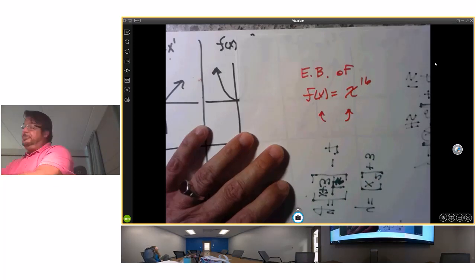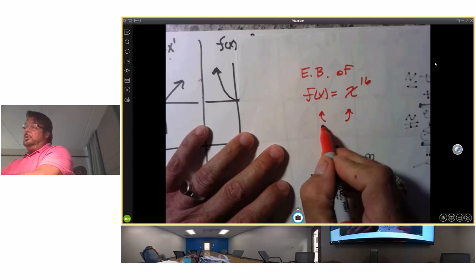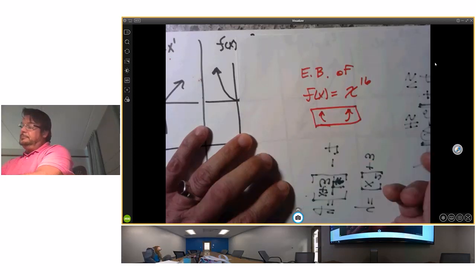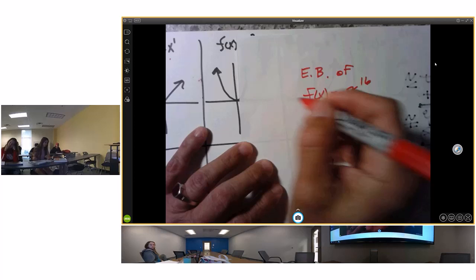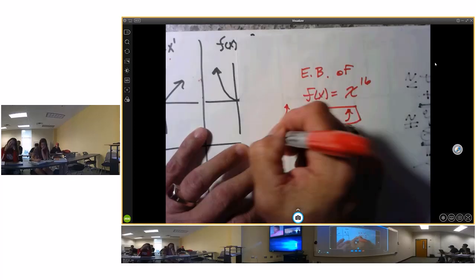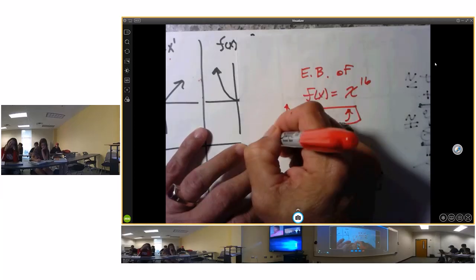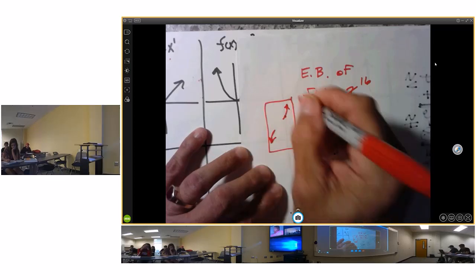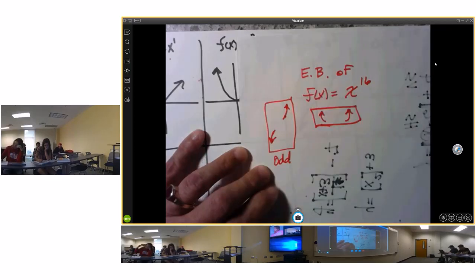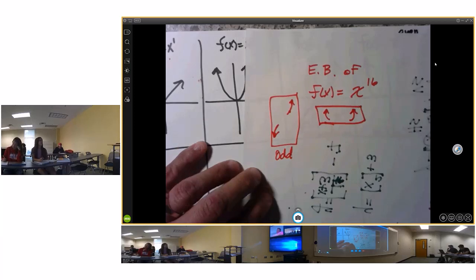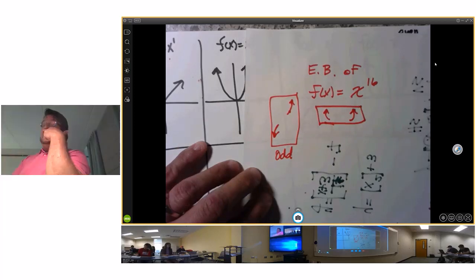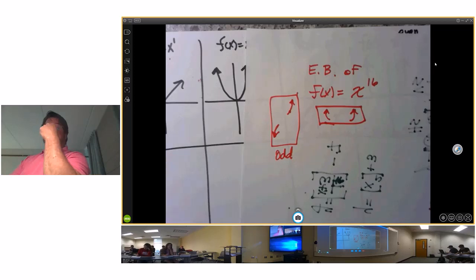If it's an odd power, it's going to look like that. So if it's a higher odd exponent, does it matter? Nope. They're all going to look like that. Now, I'm not talking about radicals. I'm not talking about fractions. I'm just talking about an x raised to an even power, x raised to an odd power. Okay?